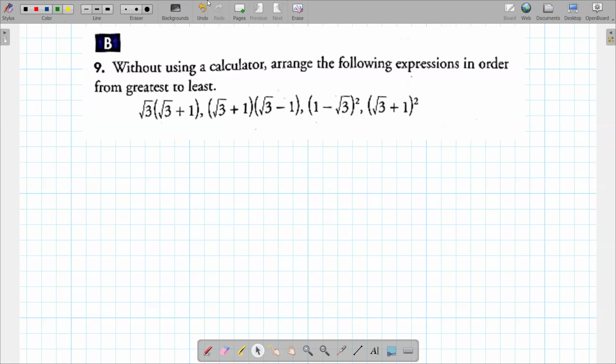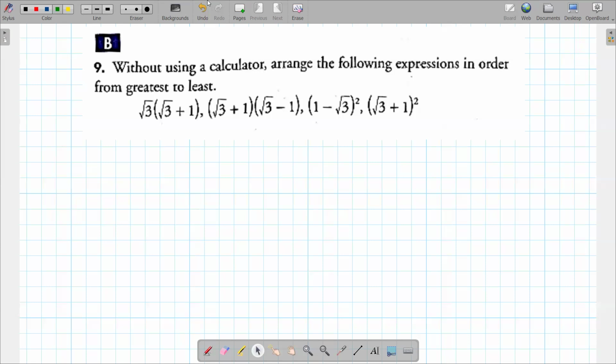It's 3 minus root 3 plus root 3. So you can think about it in terms of difference of squares. That will give you a whole number final answer instantly if you see it. If you use the difference of squares, you will get 3 minus 1.